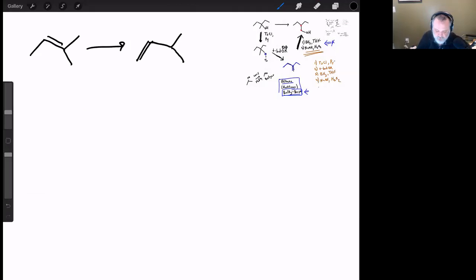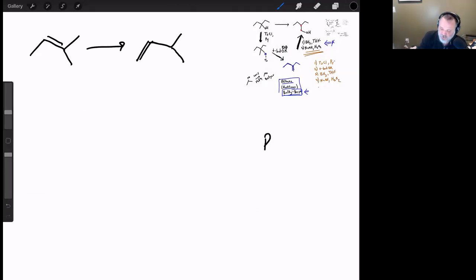Let's do this. So this is the starting material. I got a double bond in the more substituted location, and the product is a double bond in the least substituted location. So let's approach this with some of the same retrosynthetic planning that we've been doing.